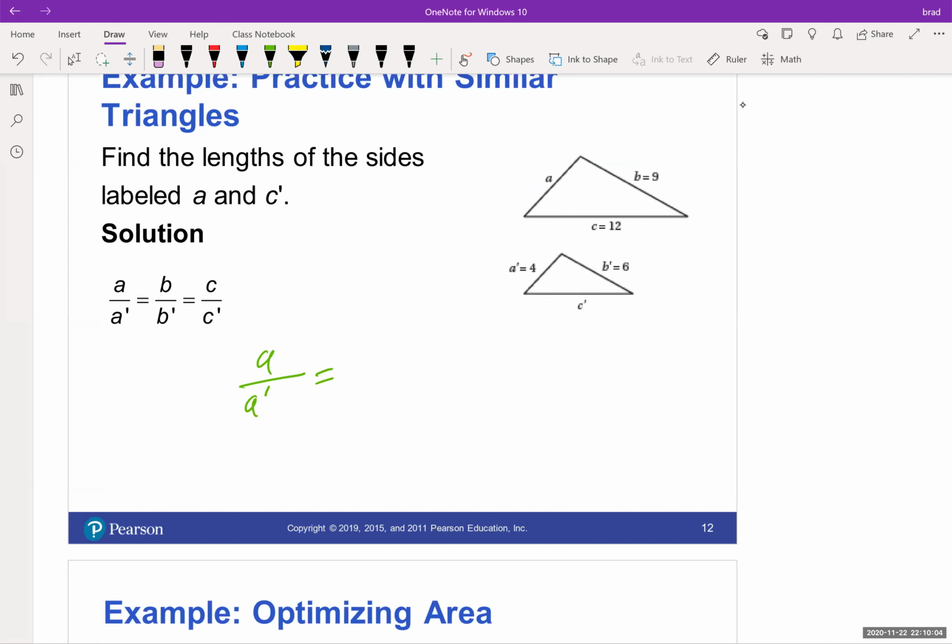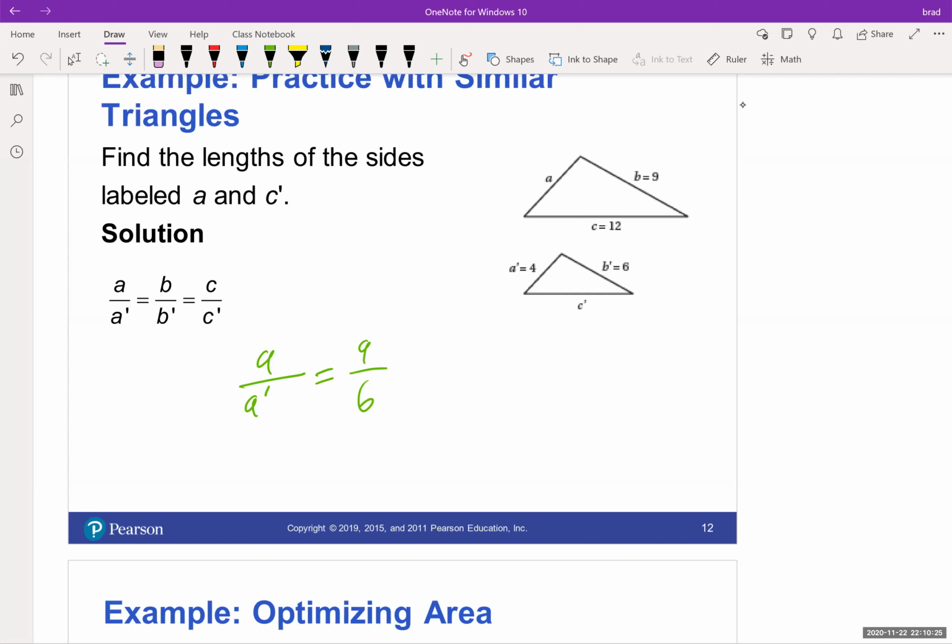I'm going to use that this is equal to 9 over 6. Notice I used big triangle to small triangle, so I have to follow that same pattern on the other side of the equal sign. Whatever pattern you set up, you have to follow it with proportions.